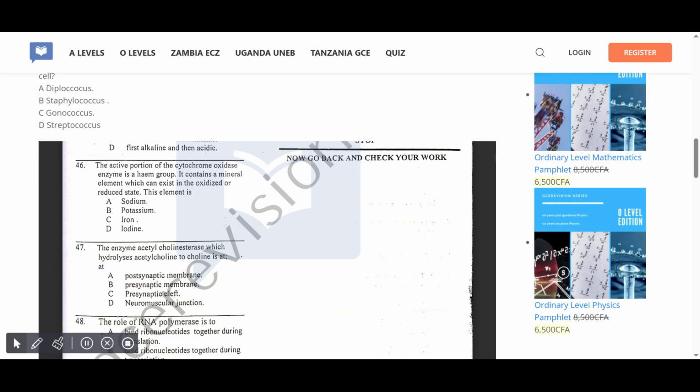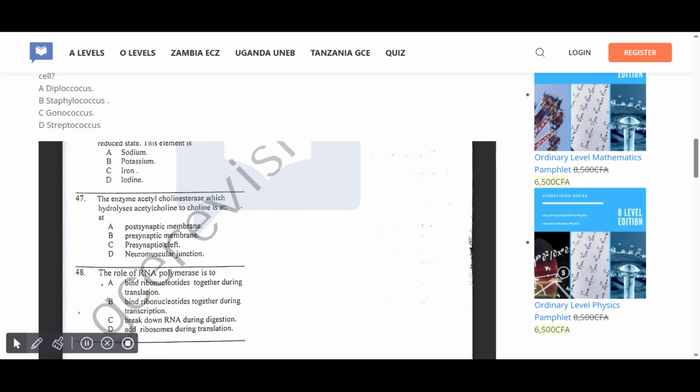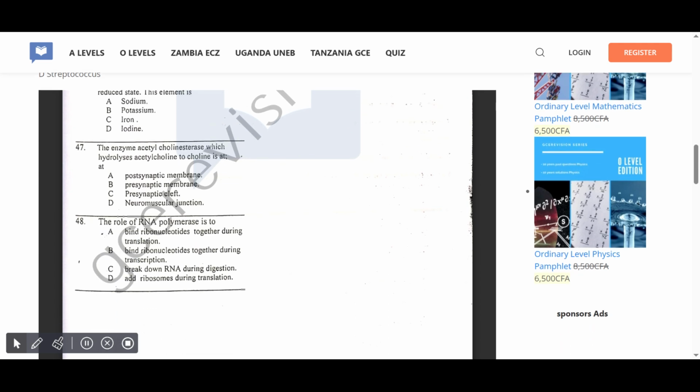The answer is A. Question 48. The role of RNA polymerase is to? The answer is B.